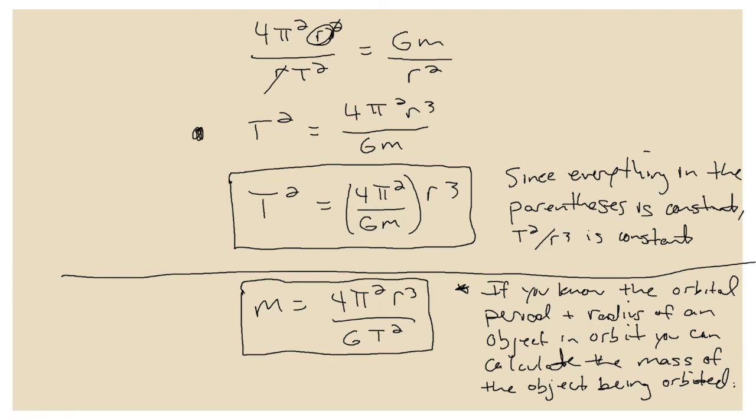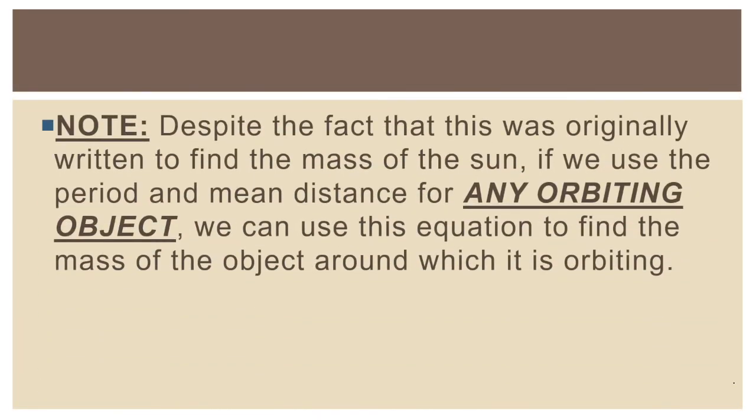Two quick notes here before we solve a problem. First note, despite the fact that this was originally written to find the mass of the sun, if we use the period and mean distance for any orbiting object, we can use this equation to find the mass of the object around which it's orbiting. So if we realize that any planet has a moon, we could just look at that planet and figure out what the mass of that object is.